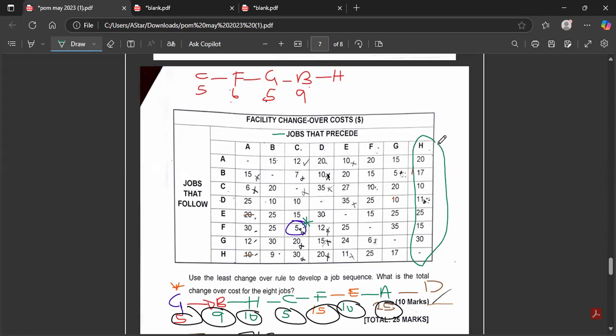What's the smallest possible cost in H? 11. Okay, 11. But check if it has been taken. 10 is taken, yes, so we cancel it. 11, D, right? 11 yes. So let's go to D. That's the smallest cost in D.